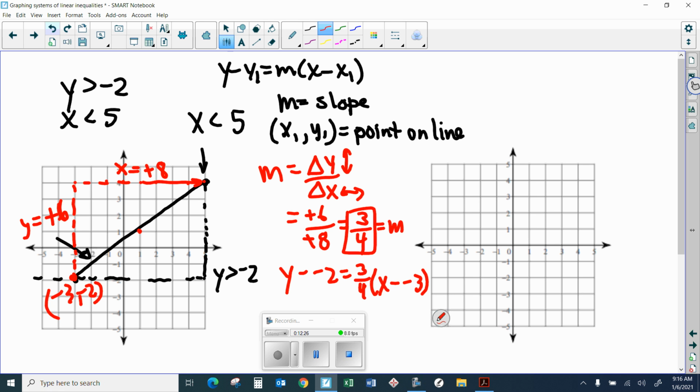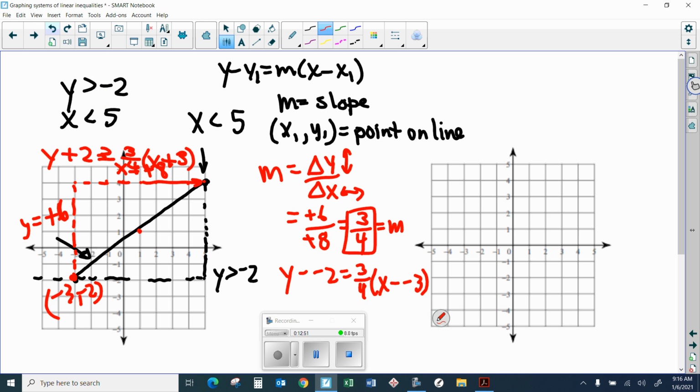So now that is going to be y plus 2 is greater than or equal to 3/4 x plus 3. Okay. I know it's greater. Wait a second, where I'm shading. I'm shading. Oops. Come on.